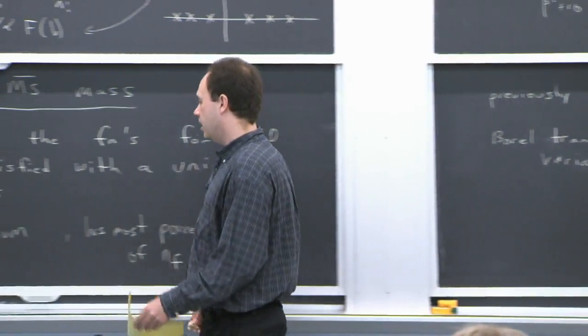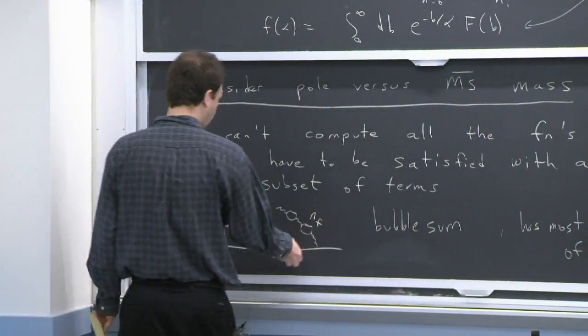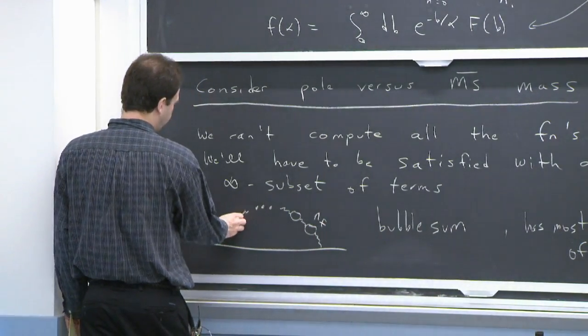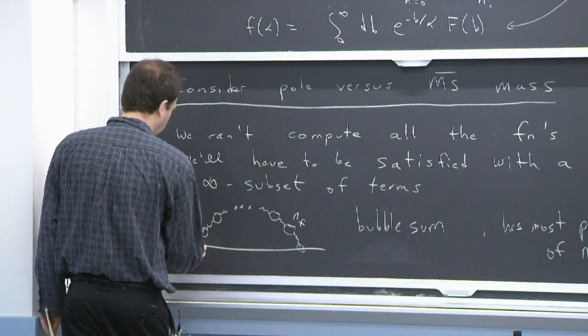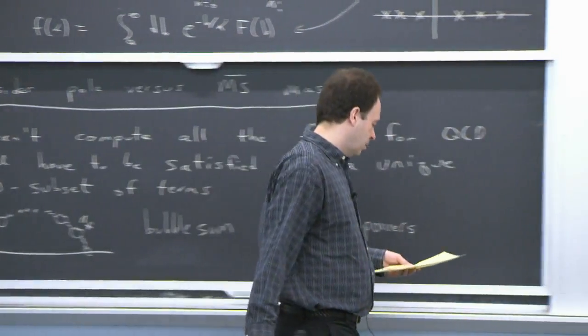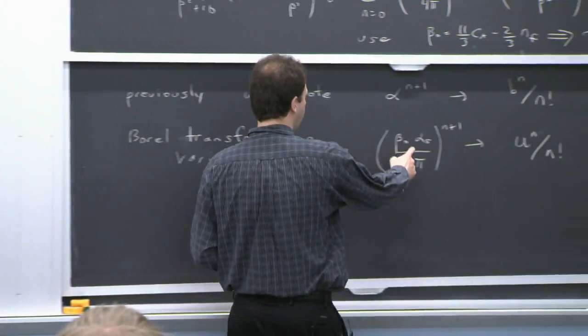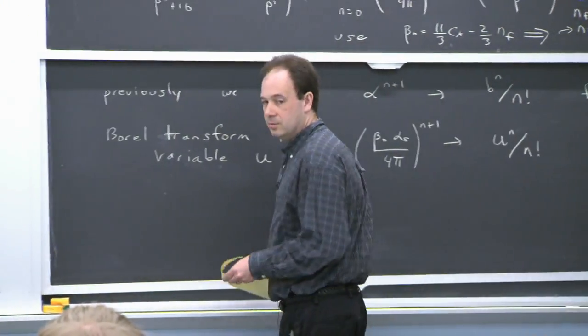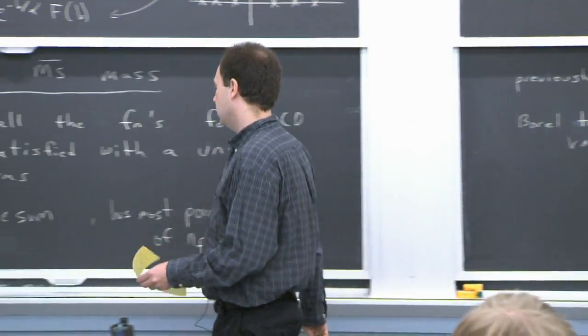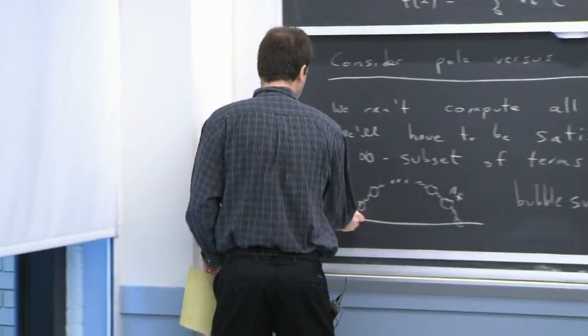Now, if we look at this diagram here, the factors of the coupling that we've included are all the ones that are attached to the bubbles, but there's two more. There's one here and one there. And if we're going to make this replacement rule, we have to identify all the factors of alpha S, because they're all going to disappear and become u's. So we have to take these guys into account, too.